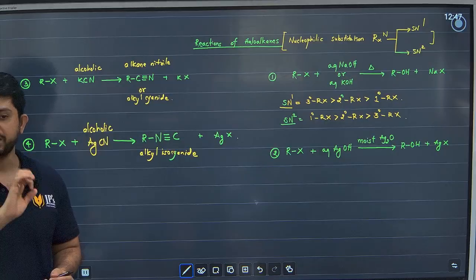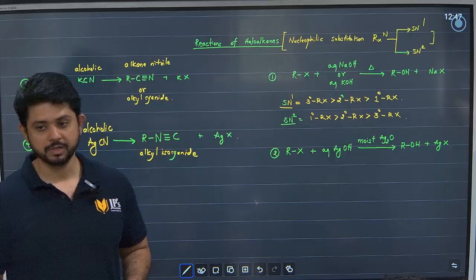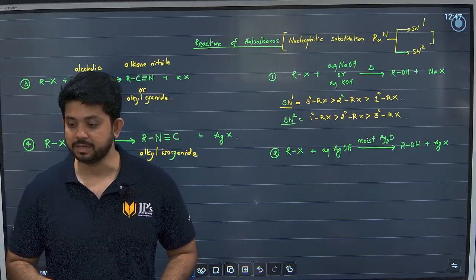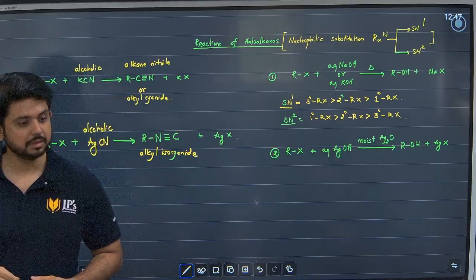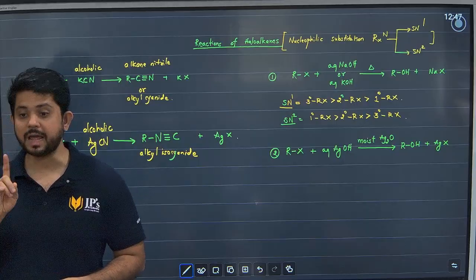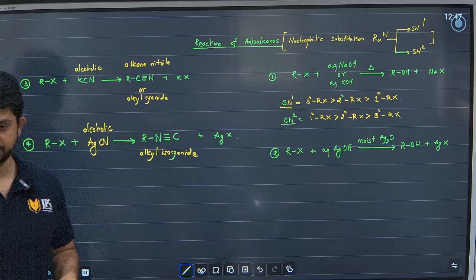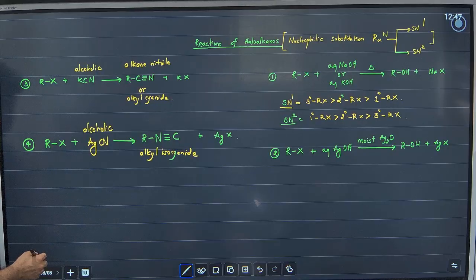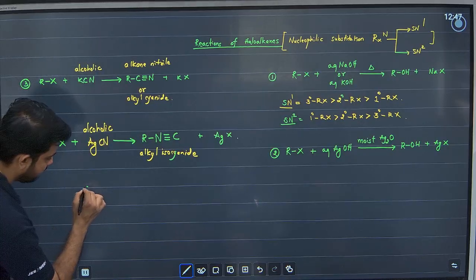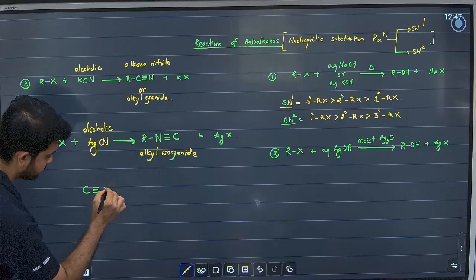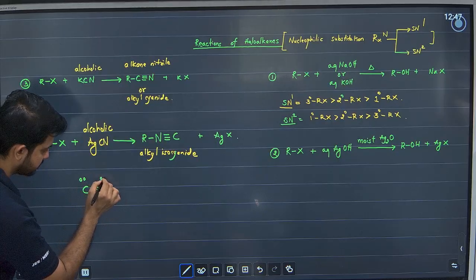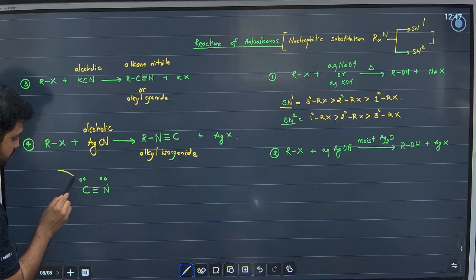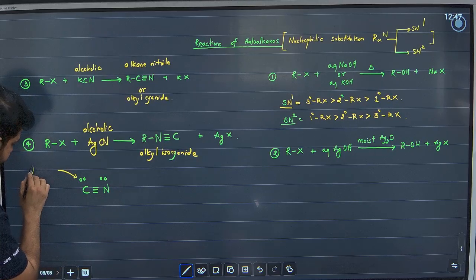We go back to coordination. What is the nature of the ligand CN? It's monodentate, but it's ambidentate. What do you mean by ambidentate? The donation can take place through either atom. So CN can act as a donor through carbon or nitrogen.